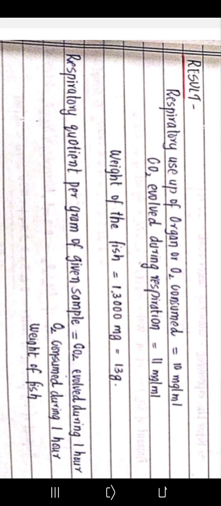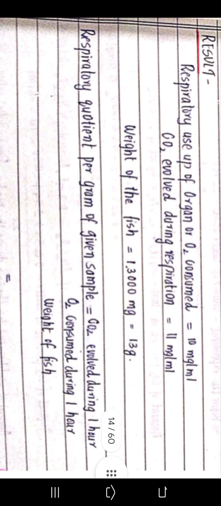Weight of the fish is like this, 13 gram. Respiratory quotient per gram of given sample: CO2 evolved during 1 hour by O2 consumed during 1 hour into weight of fish.